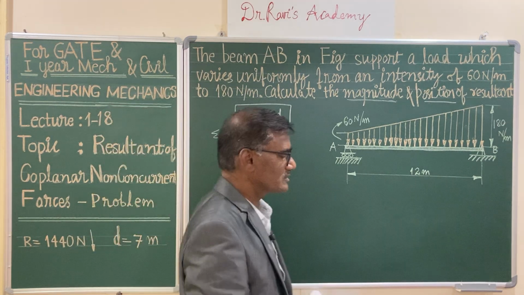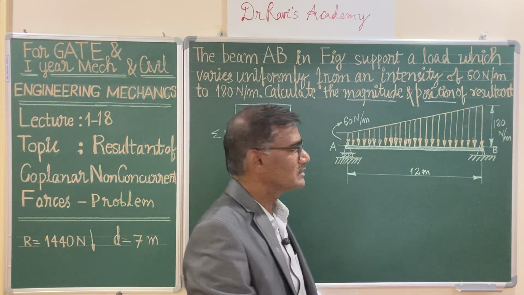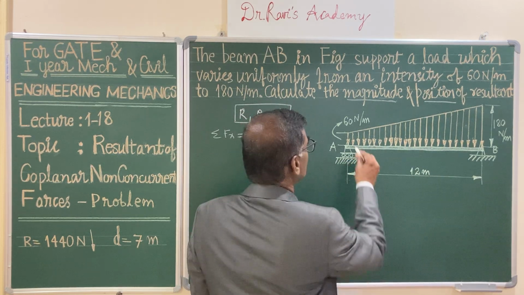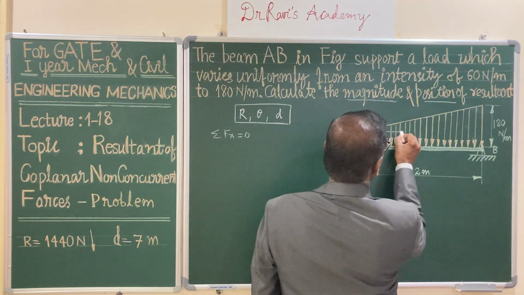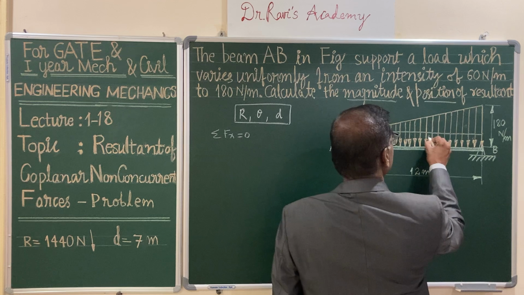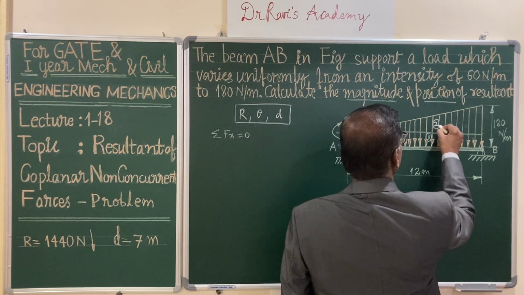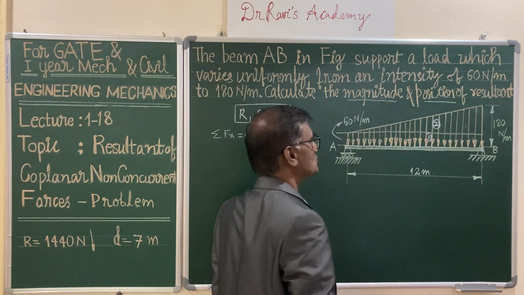Whenever you come across such type of loads, let us divide the total area. I am drawing a horizontal line, such that this is my rectangle, denoted by 1, and this is a triangle, denoted by 2.